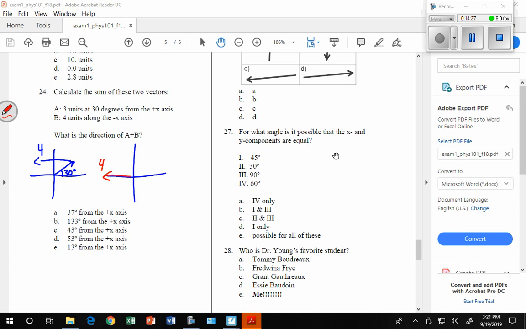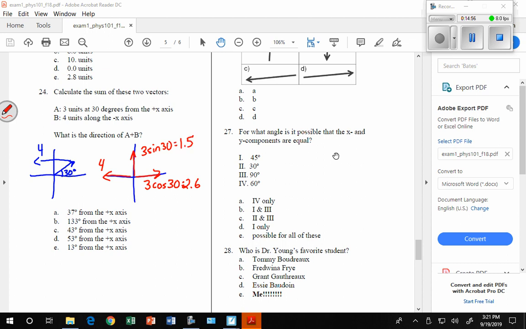Here I have a 2.6 unit vector. I get that from saying 3 cosine 30 equals 2.6. And then over here I have a 1.5 unit vector. That's 3 sine of 30 equals 1.5 units.